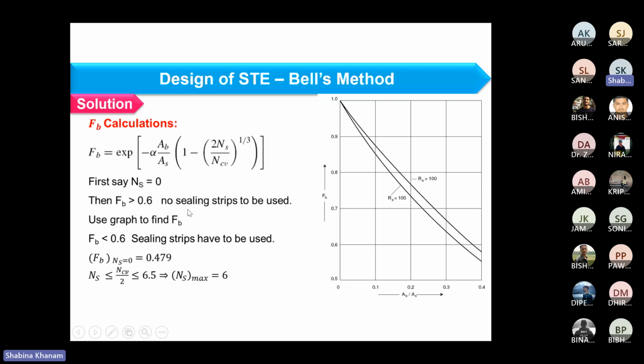And if sealing strips are not required, you need to use this graph. Whatever value you obtain by putting NS equal to 0 will also be the same as you can see from this graph, but a little bit of variation may be there. It is better, but the value will not differ much.